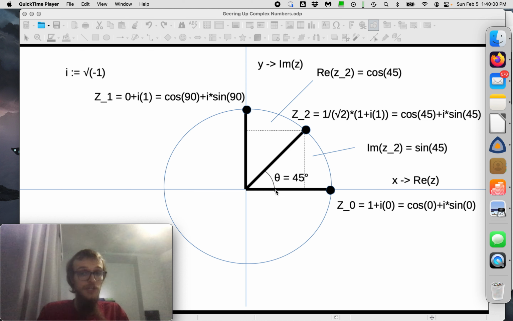And of course, just like with the typical two-dimensional plane, you can convert between the angle representation and the xy or real imaginary representation using the sine and cosine ratios.